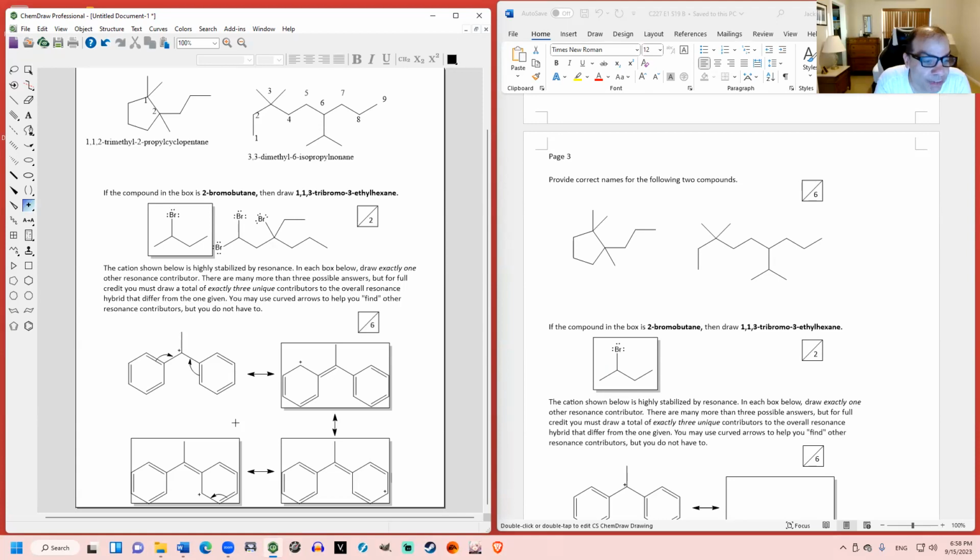But there's lots of resonance forms. So remember with resonance, what you're looking for is three atom groupings that consist of a double bond next to an atom that's sp2 hybridized. And you get the other resonance form by switching the double bond with whatever the situation is on the sp2 hybridized atom. And remember, we move the electrons from the electron-rich place to the electron-poor place.